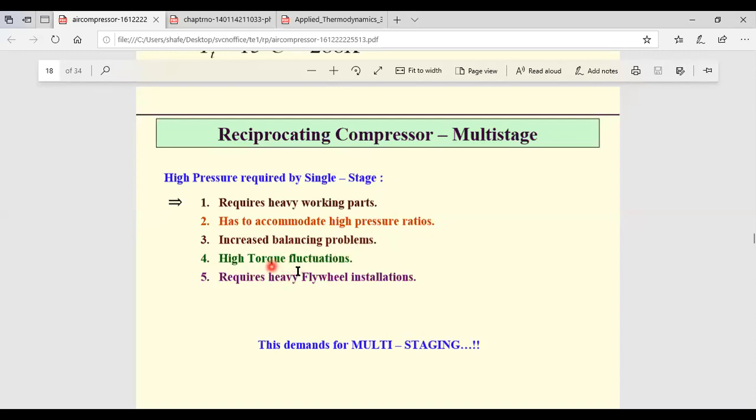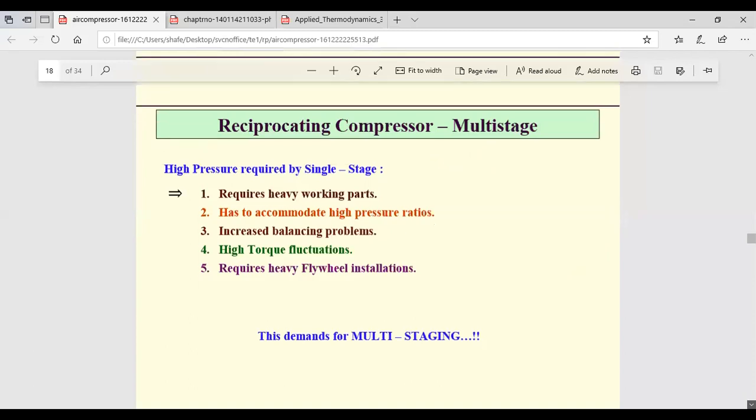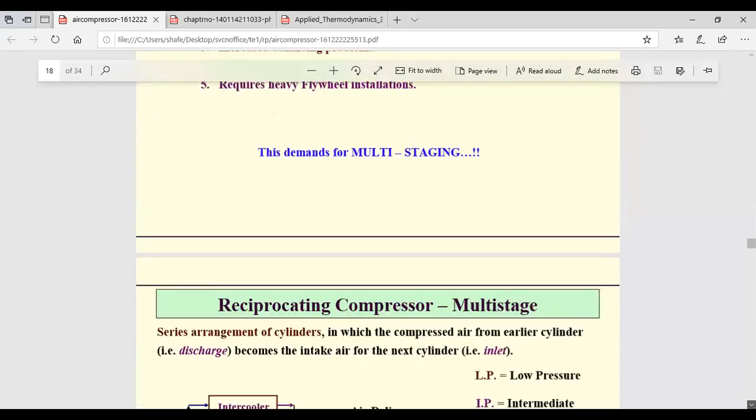Then there are a lot of torque fluctuations because once the crank starts moving there is fluctuation, and you require a heavy flywheel installation because you have to supply energy. To avoid all these things, the only alternative I can go for is a multi-stage compressor, instead of compressing in a single stage.